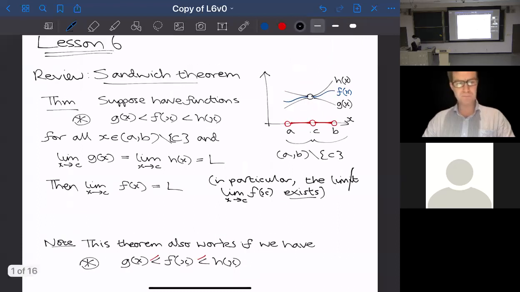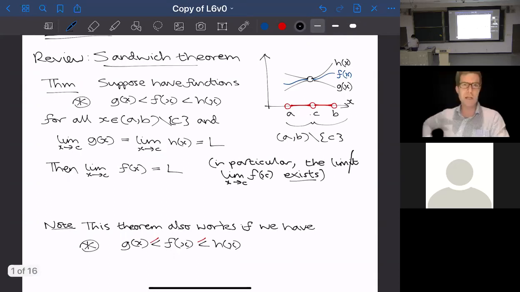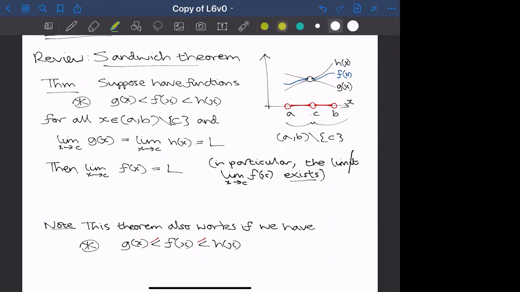So let's get going. First, I want to review the sandwich theorem that we discussed at the end of last lesson. We take functions that are defined on a domain that looks like this.